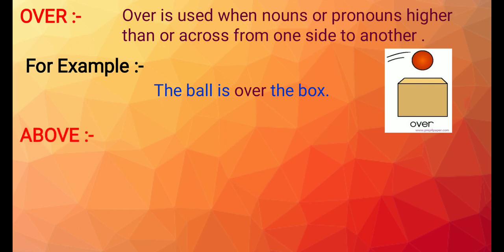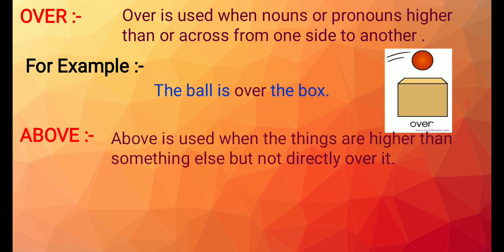Now the next preposition is above. Above is used when things are higher than something else but not directly over it. It means, first listen carefully. When objects are touching one another, at that time we use on.